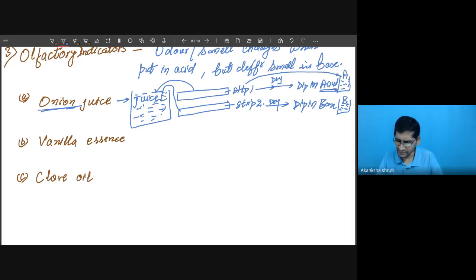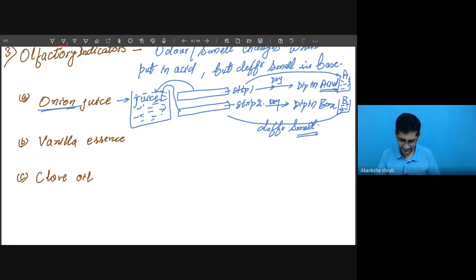Now when this is dipped into the base, it will give a different smell. This smell you can perceive very easily is entirely different from when the same strip was dipped into acid. So this way the odor or smell is obtained.